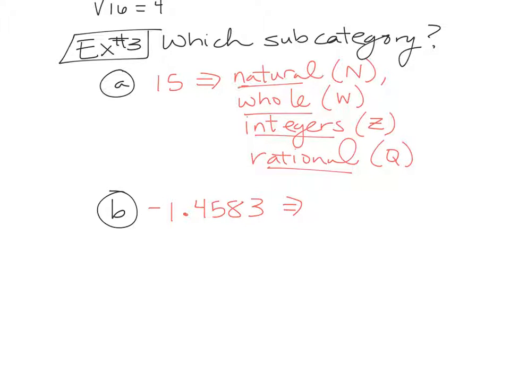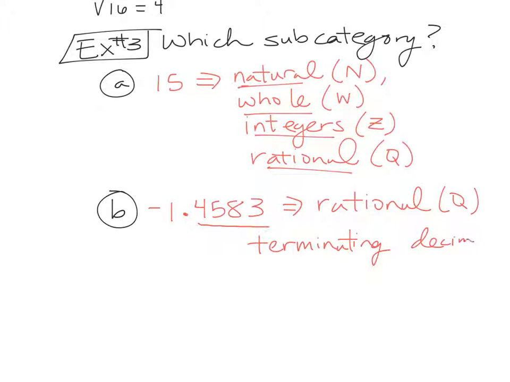This is a terminating decimal, right? It's a decimal that ends. I didn't put the ... behind it. So if the decimal ends, because it's a terminating decimal, it is rational. Okay, which if you want to call it Q, you could. But the reason being, it's a terminating decimal. Okay.